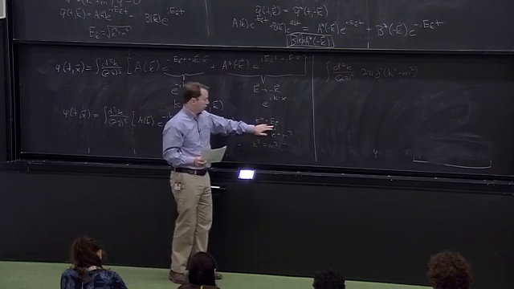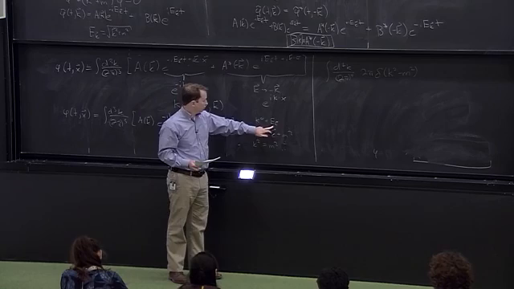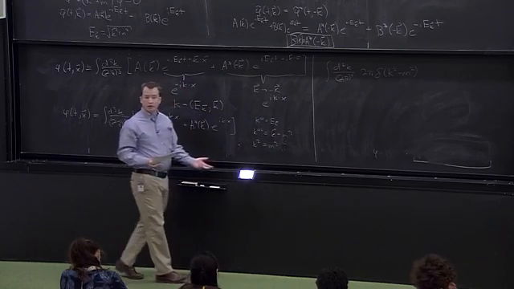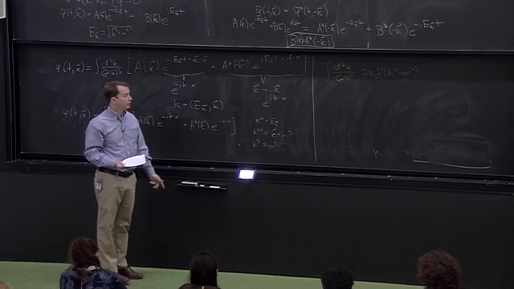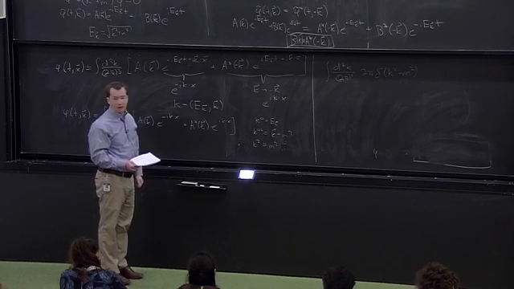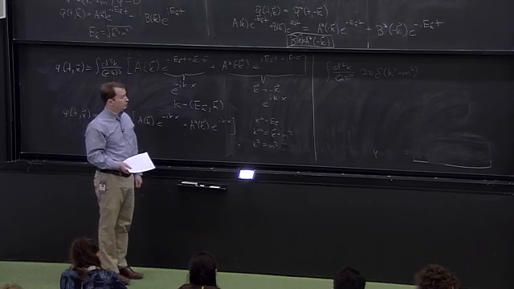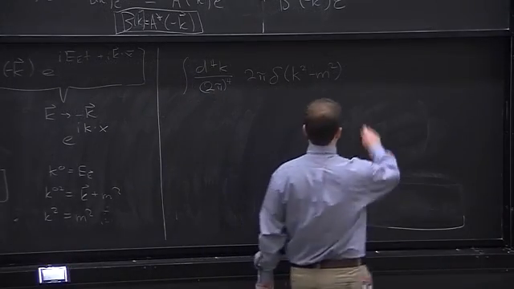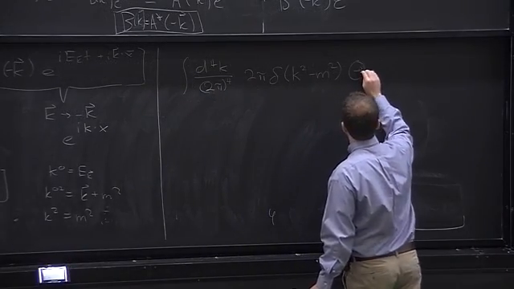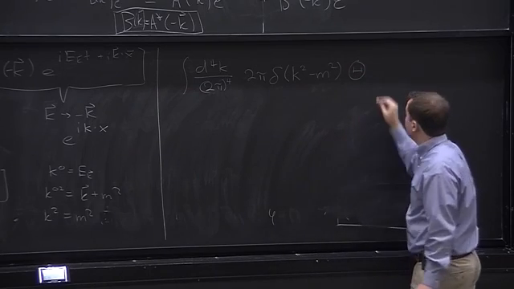Again, what we're going to interpret ek as is the energy of a one-particle state. We don't want negative energy one-particle states, so we want to get rid of the solution where k0 is equal to minus ek. And the natural way to do that is to throw in a Heaviside function.